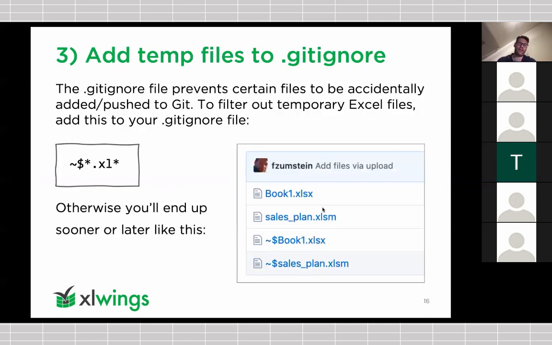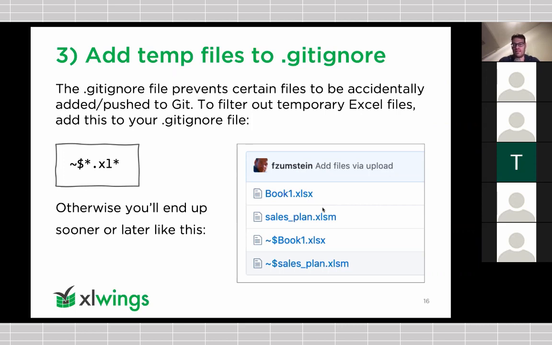And then another tip here is definitely use a git ignore file. A git ignore file, basically, you can add several files or several paths of files that should not be tracked in Git. And a very good idea if you use Excel is to block your temporary Excel files. And the screenshot here is not even something I made up.